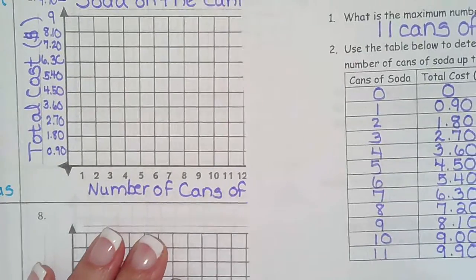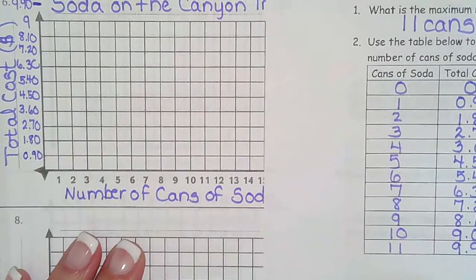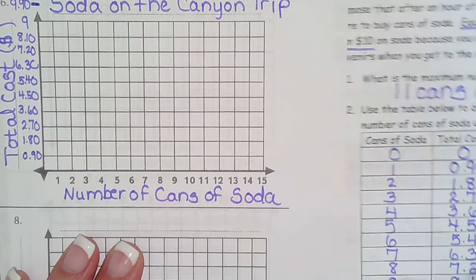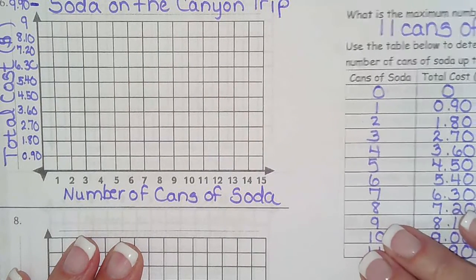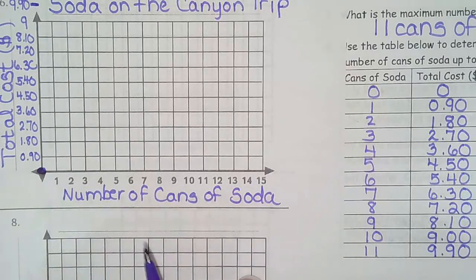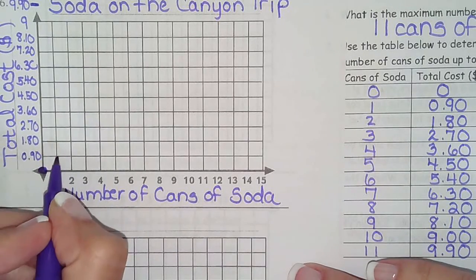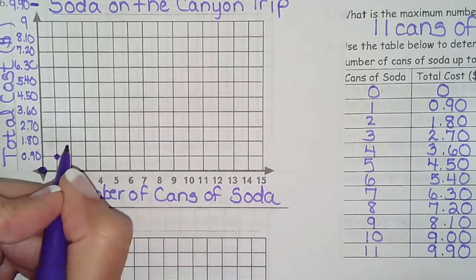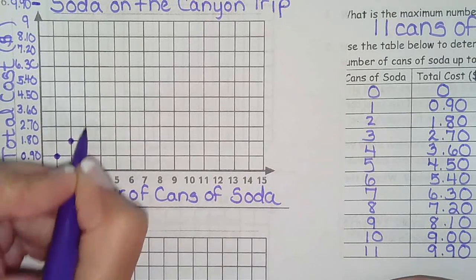Okay, so let's move this over and have our table on the same place. So 0, I'm going to put the table underneath. 0 goes with 0, so that's going to be our first dot. 1 goes with 90 cents, so that's going to be our second. 2 goes with $1.80. 3 goes with 270.